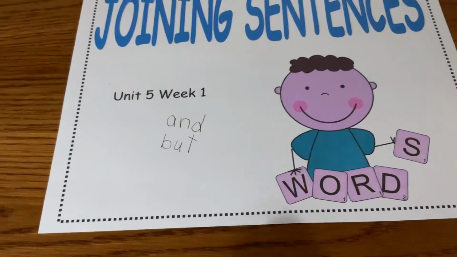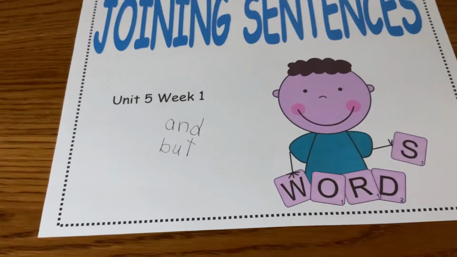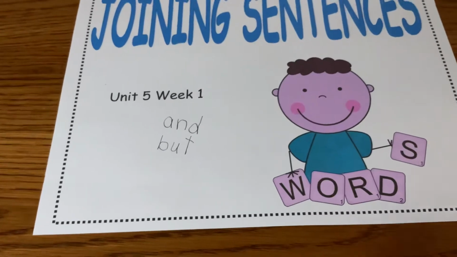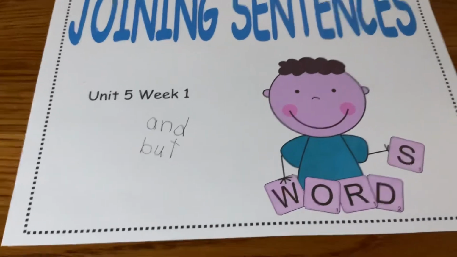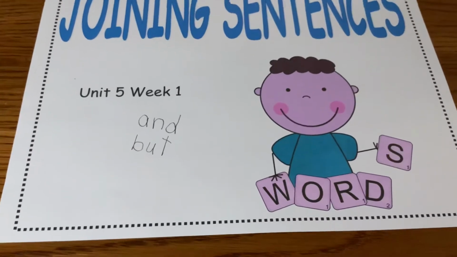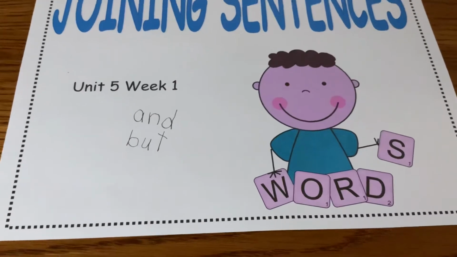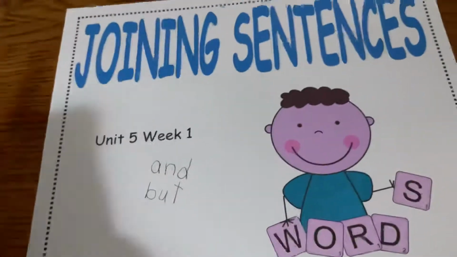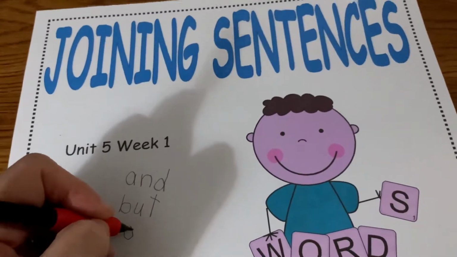Okay, or I can use another word to join two sentences. Marge might win the prize. Charlie might win the prize. Okay, I could join those two sentences and I could put Marge might win the prize or Charlie might win the prize. Okay, those are two sentences I've joined and I used the word or.